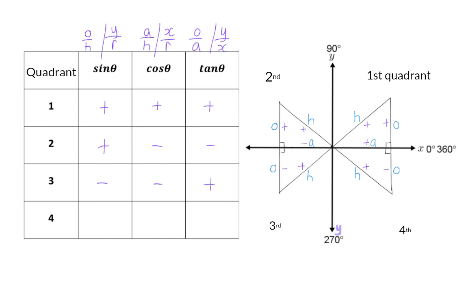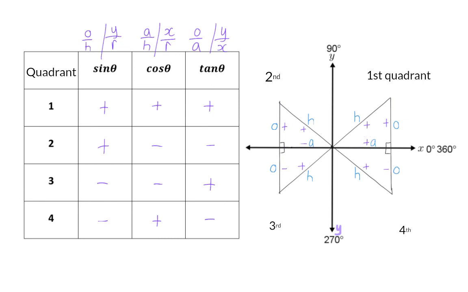In the fourth quadrant, the opposite side is negative and the hypotenuse positive, and that will form a negative sin ratio. For the cos ratio, we have a positive adjacent as well as a positive hypotenuse, forming a positive ratio. And finally, for tan, we have the negative opposite divided by the positive adjacent side to get a negative ratio.